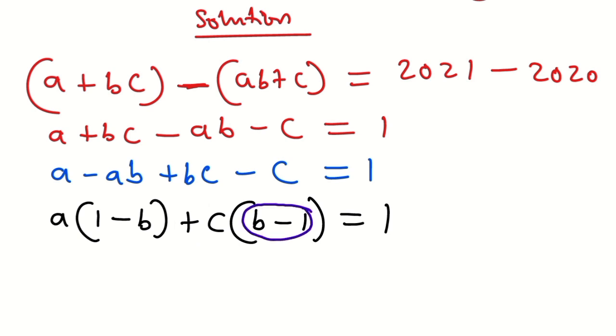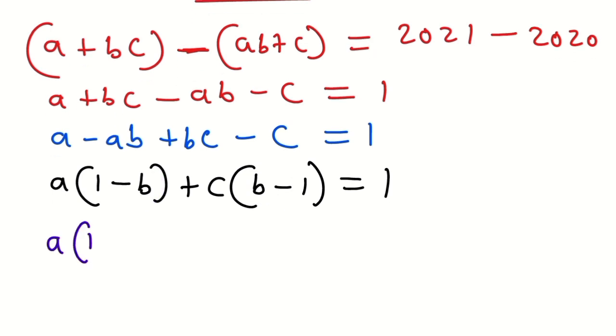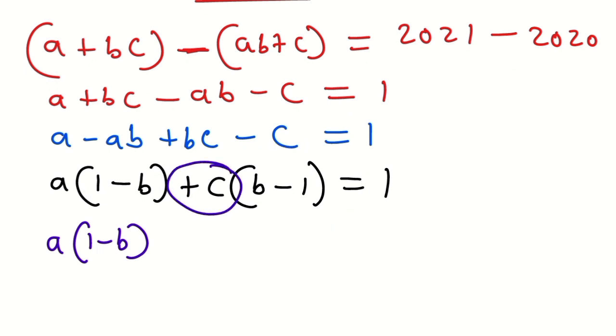The reason why I will negate what I have in the bracket is because I want it to be like this, where you have negative 1 become 1 and B become negative B. So let's negate. Now, this will be A bracket 1 minus B. Remember, I am negating this. So we have to negate plus C to negative C. And then if you negate this, you have minus B, then plus 1.